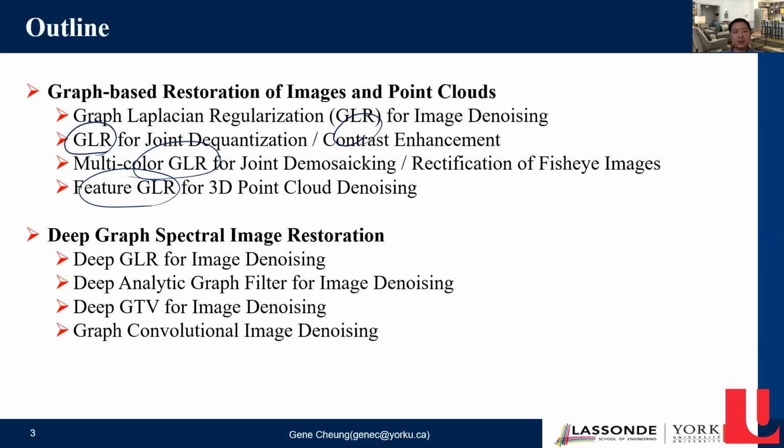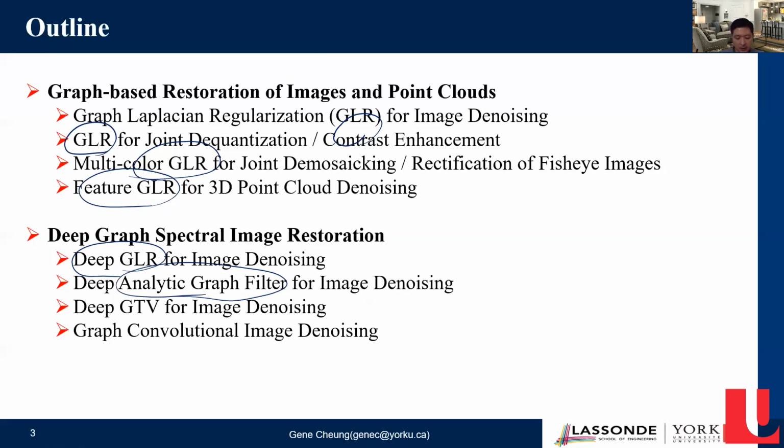And then the second half of the tutorial, I'll talk about combinations of GSP techniques and deep neural nets techniques for image restoration. I'll start by talking about deep GLR, which is a simple extension of GLR combining GSP techniques with deep neural nets, and then a recent update, which is a deep analytical graph filter using bi-orthogonal filters as a low-pass filter.